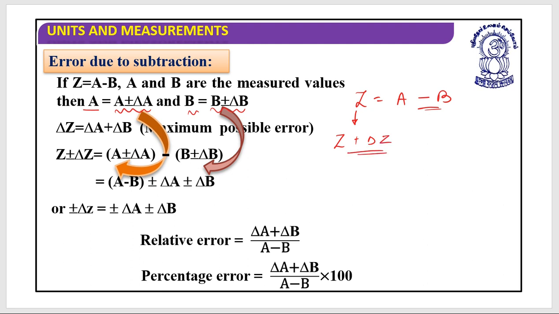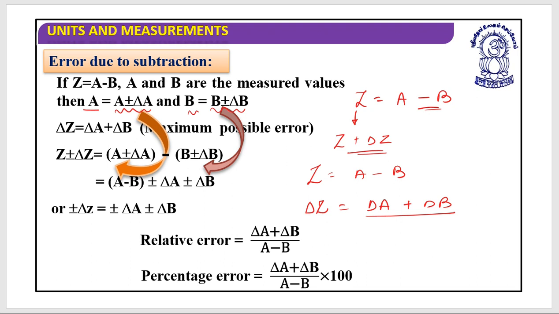Then what is Z? It will be A minus B. What is delta Z? Remember my words from the last slide. When we need to calculate the value of an error, we always go for the maximum possible value. So what I should choose is delta A plus delta B, because this is the only possibility of a maximum value.